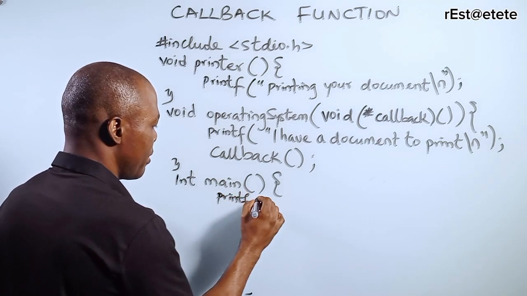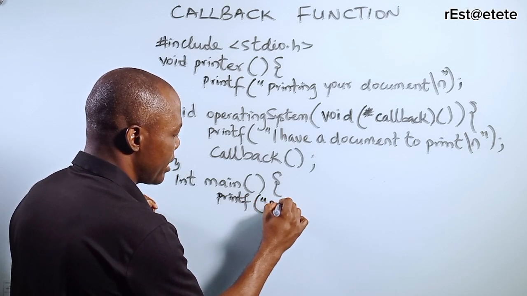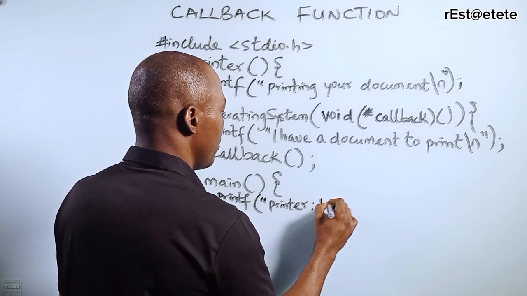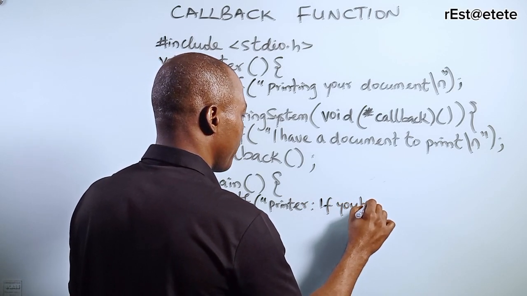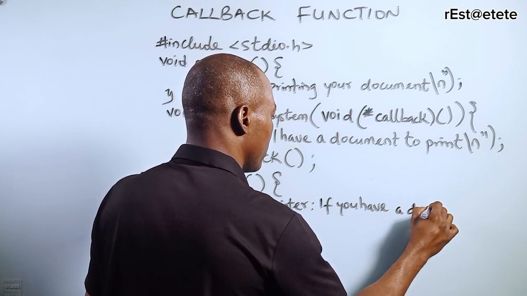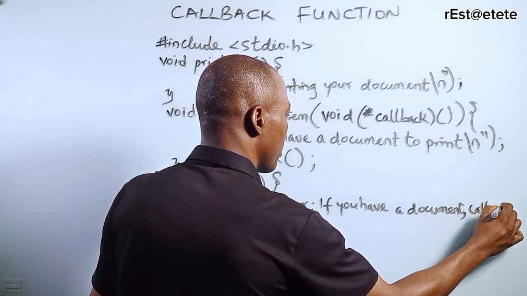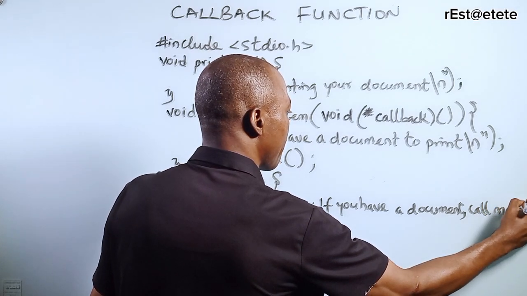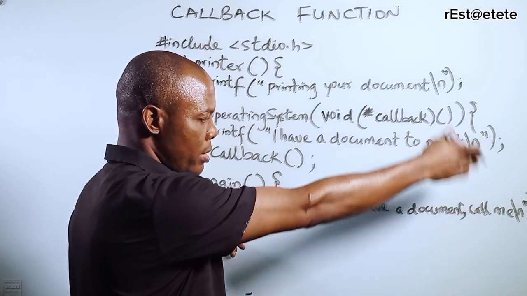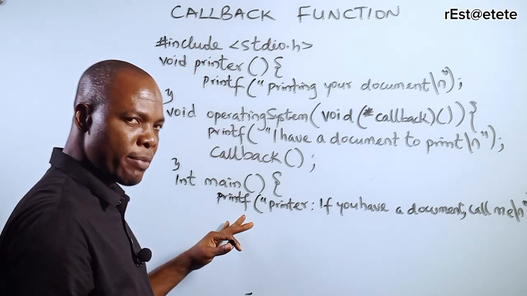I'm calling the printf, and then I will say, so the printer is saying, printer, if you have a document, call me, right? I hope you can still see that \n, but if not, I just put the closing bracket and then I put my semicolon. All right, so this is my main function.